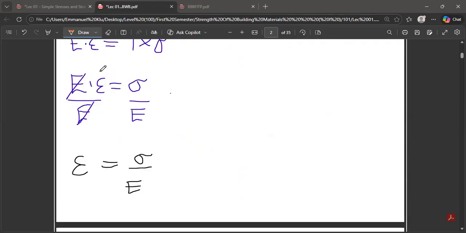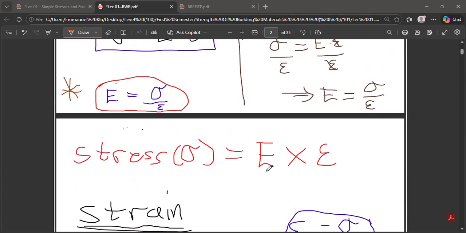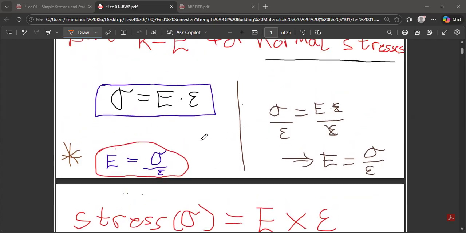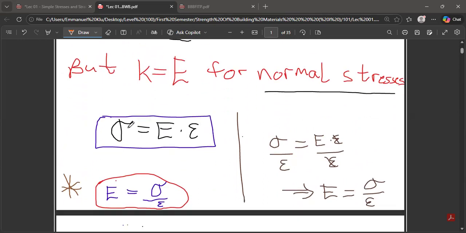So you see that this is the formula for our, so far we can call this equation 3. Then the first one, what is equation 2? Our equation 2. So we can call this our equation 1.